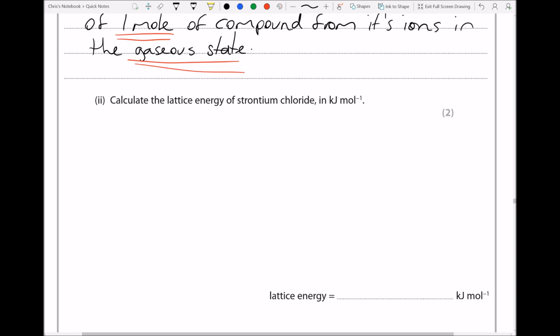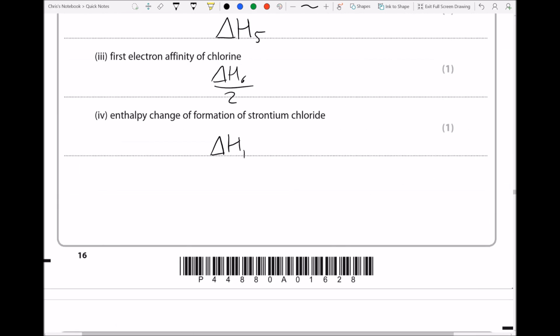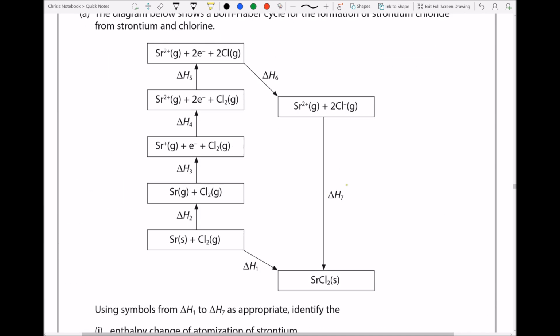Okay, and then it asks, which is no surprise seeing as they're giving us all these numbers, to calculate the lattice energy of strontium chloride in kilojoules per mole. The lattice energy is this last step here. This is delta H7. How we work this out is dead easy. We're starting from here, and we're going to go down to here. That's the value we want to work out.